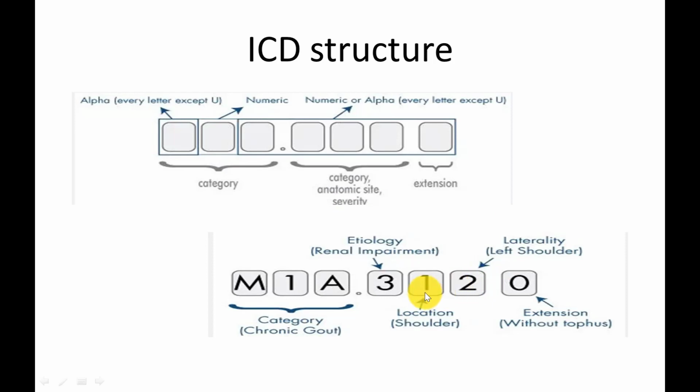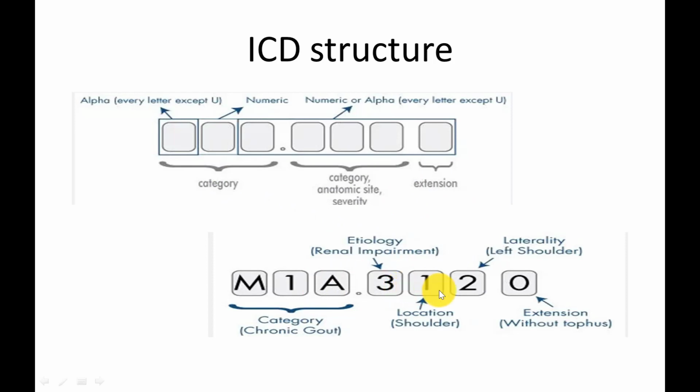So it's showing renal impairment, location is shoulder, and it's the left shoulder. The extension is also there, showing that it is without tophus. So this is the way the code has been designed.